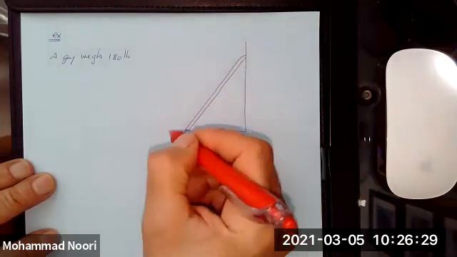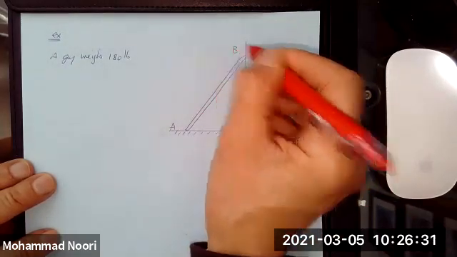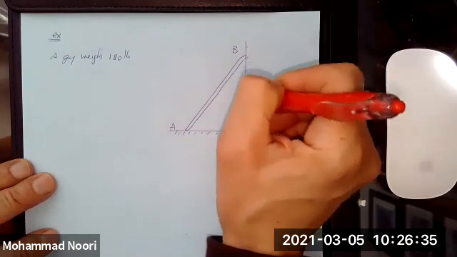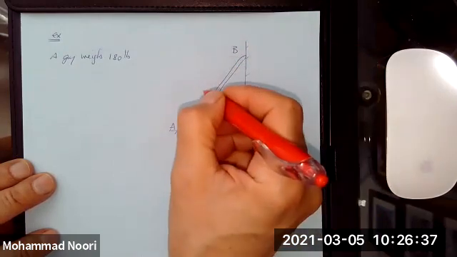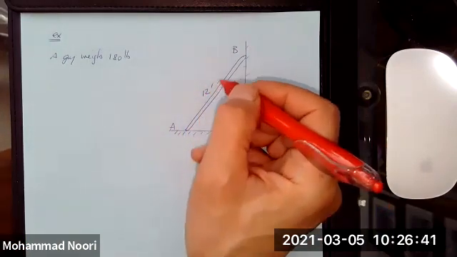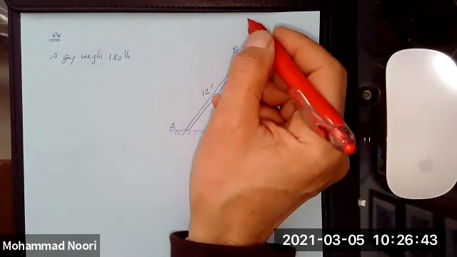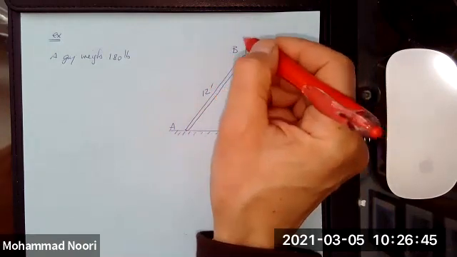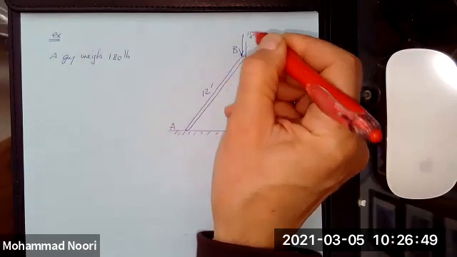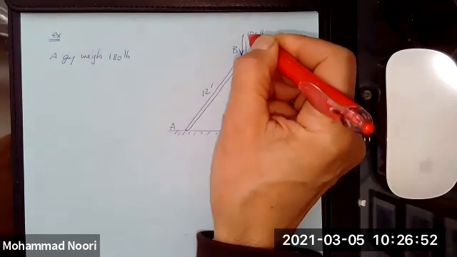So he lays the ladder against this wall, which is frictionless. The ladder has a length of 12 feet, but somehow he wants to reach very high on this wall. So he wants to go all the way to the top. It may sound crazy, but he wants to do it.